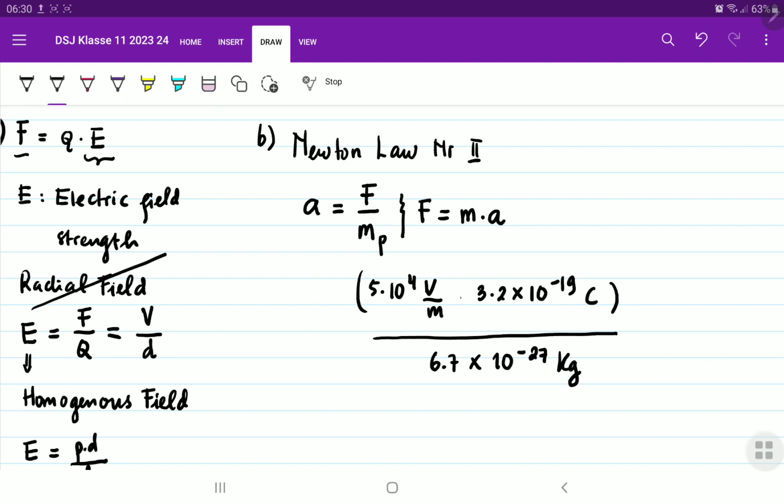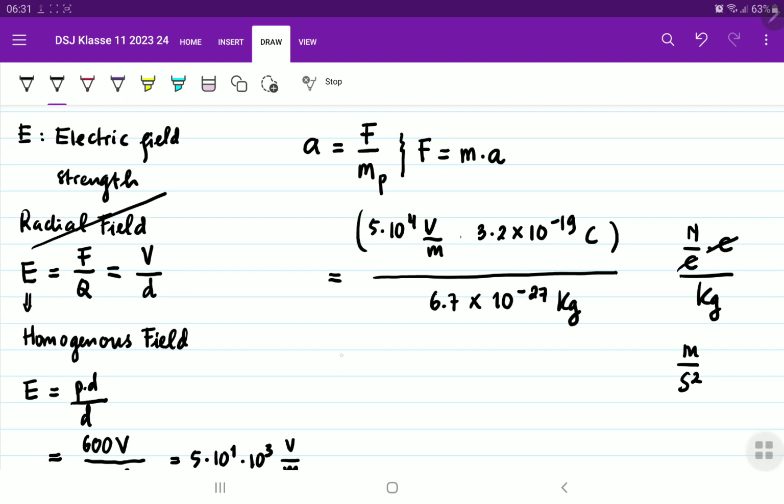Now, as I said to you before, the volt per meter can be written as Newton per coulomb. So Newton per coulomb times coulomb divided by kilogram. Well, the coulomb cancels. Newton divided by kilogram will give you meter per second squared.